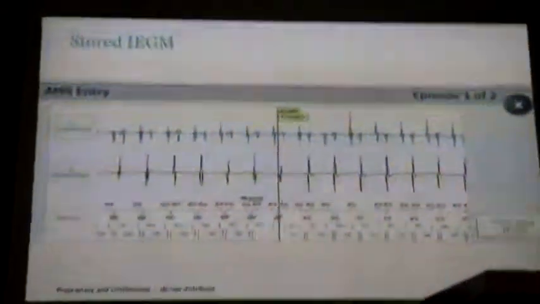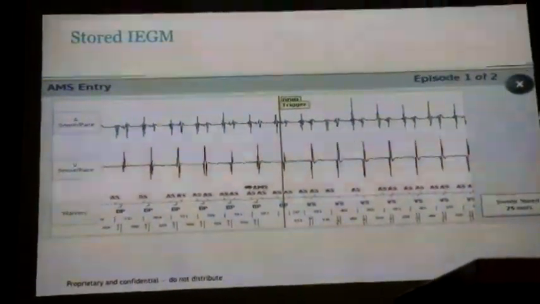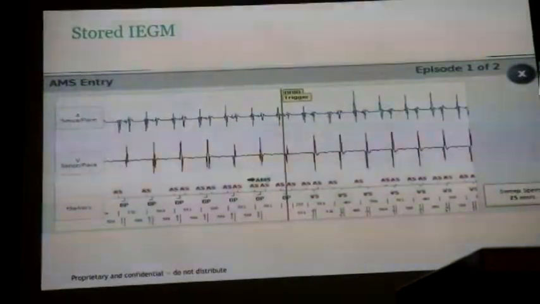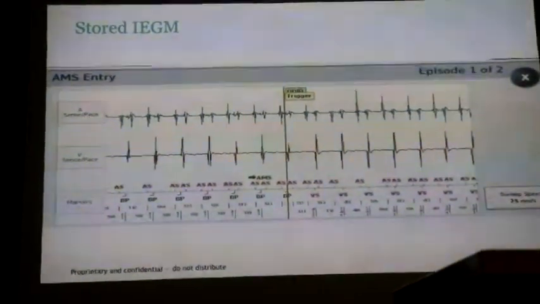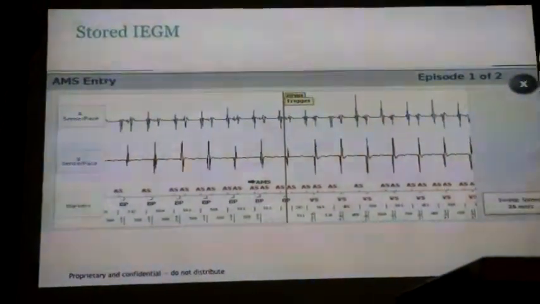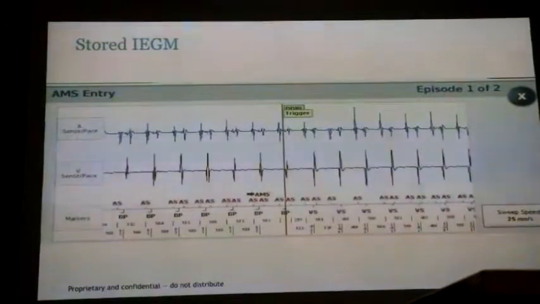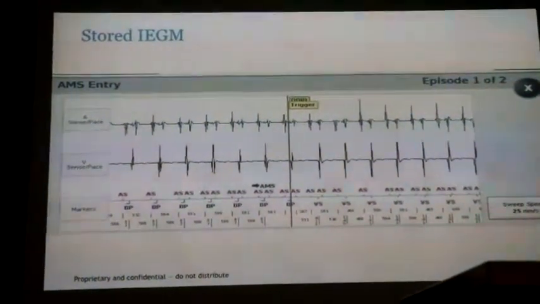The other thing that can happen if you have far-field R wave is you can lose CRT, and you can potentially get an inappropriate shock, just from oversensing on the atrial lead. Because it feeds wrong information into the SVT discrimination algorithm.